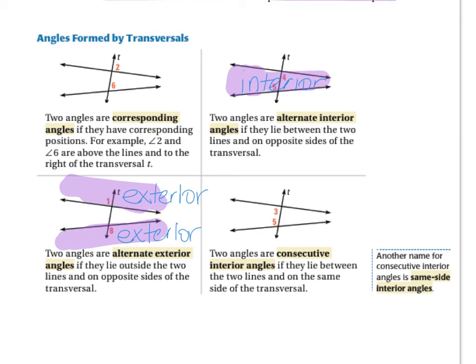And then consecutive interior, think of them as being on the same side, and on the inside. Okay, as you can see they're sometimes called that, but you will only see them called consecutive interior angles in this book.